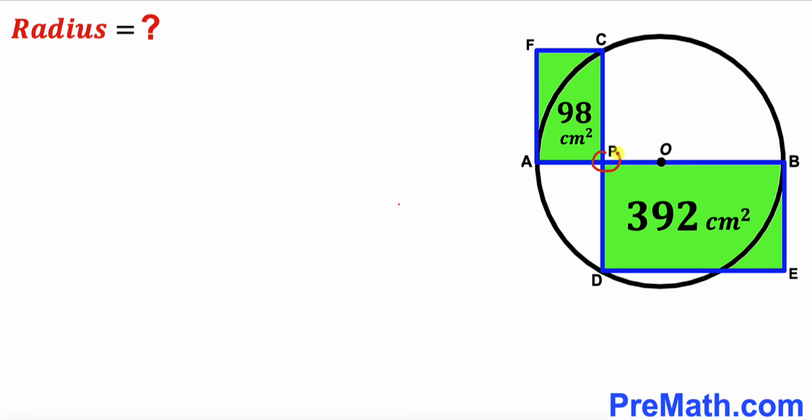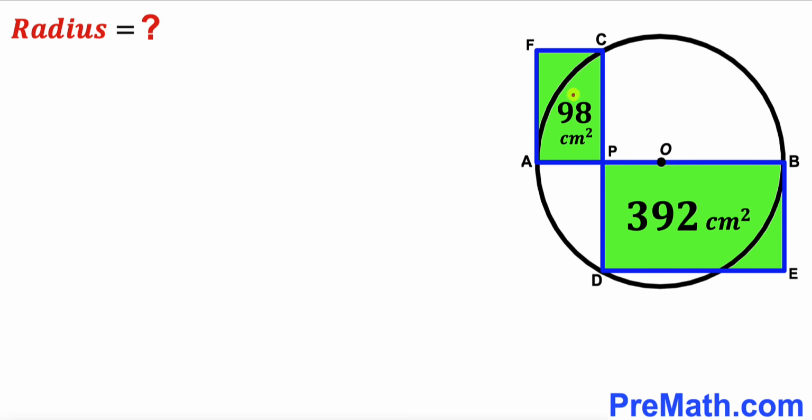In this video, we have this diameter AB and this chord CD, and they intersect each other at this point P inside this circle with the center O, as you can see in the given diagram. As a result, we end up with these two green shaded rectangles, AFCP and PBED.